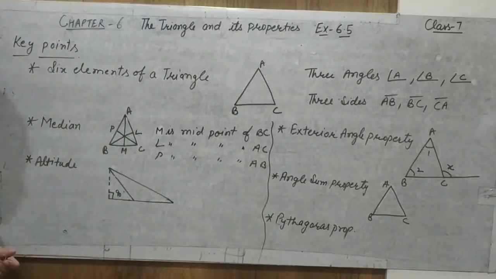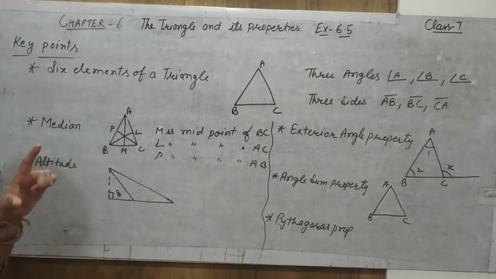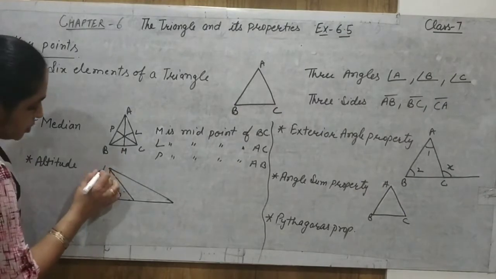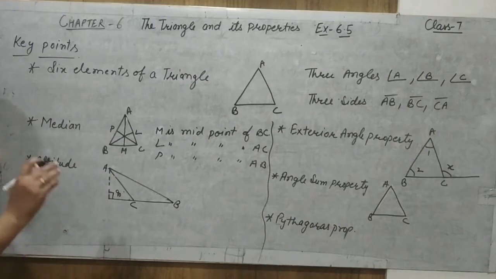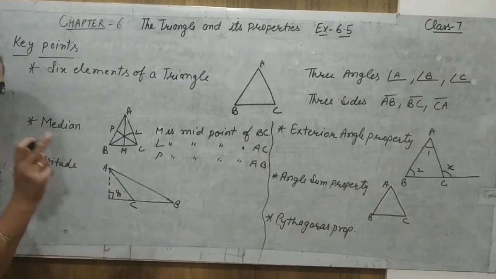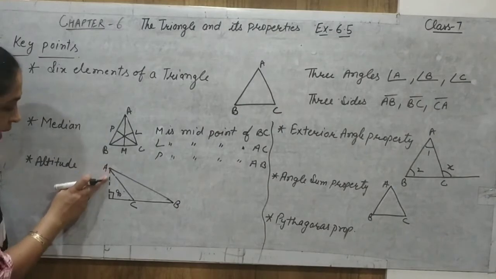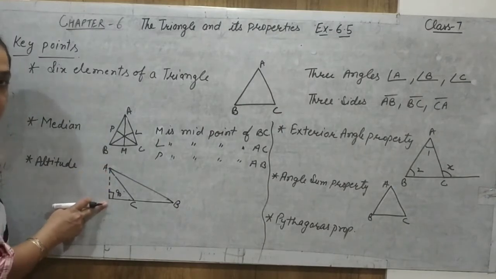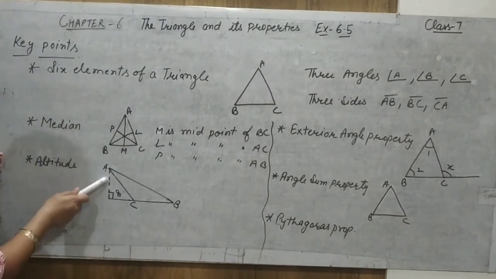Next is the altitude that we have discussed. If we draw any triangle A, B, C, then what is its altitude? Altitude is a line drawn from the vertex, and it is a perpendicular line.